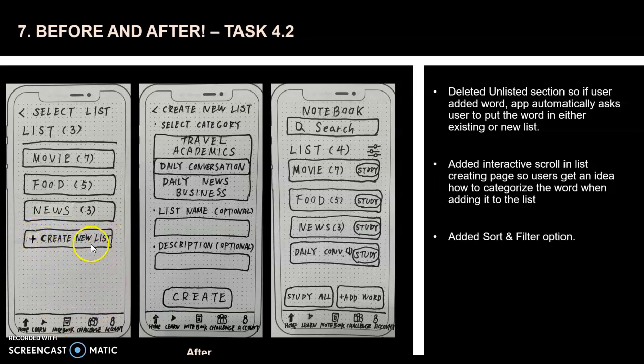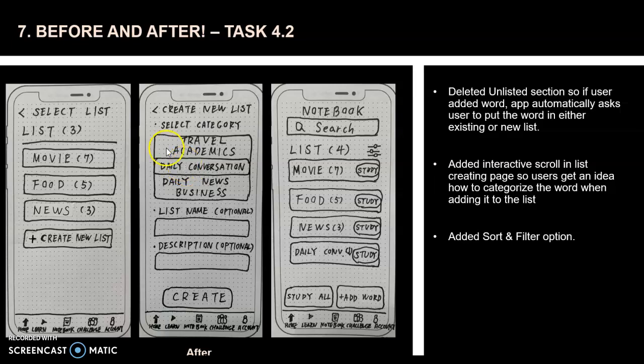I put the create list button down below here, and I wanted to give some guidance to the users, because some users were not sure how to categorize and organize the words. So I want to give some examples the user can always choose from.